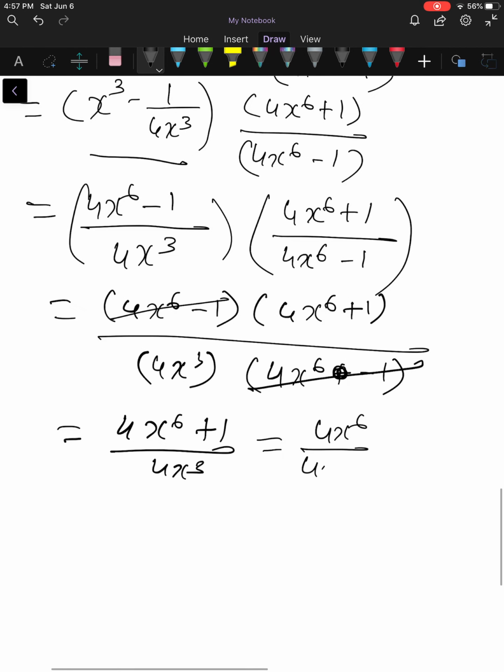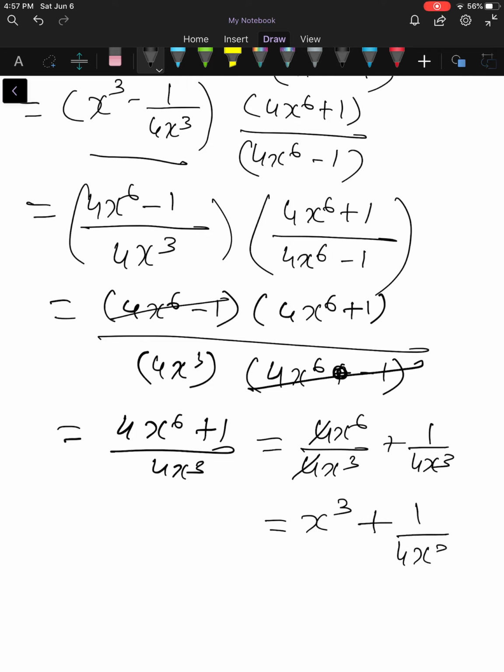Now if you individually divide 4x to the power of 6 by 4x cube and 1 by 4x cube, you are just left with 4 and 4 getting cancelled. x to the power of 6 by x cube is nothing but x to the power of 6 minus 3, that is x cube itself, plus 1 by 4x cube.